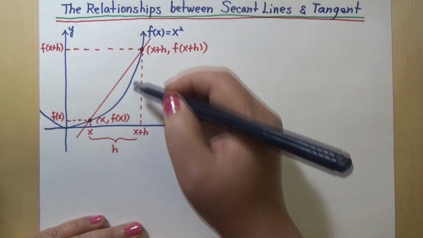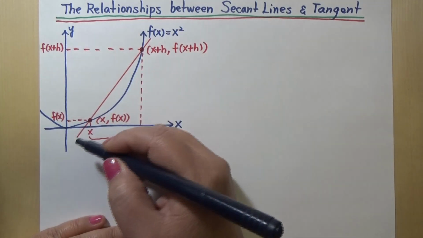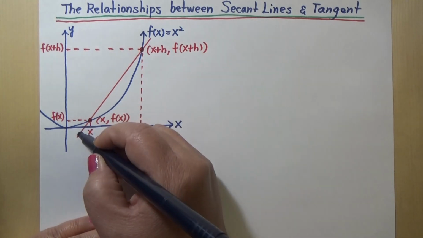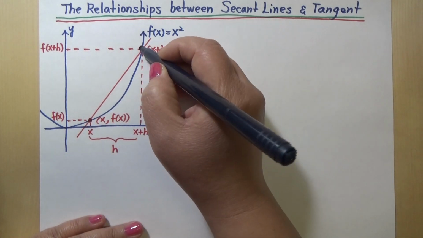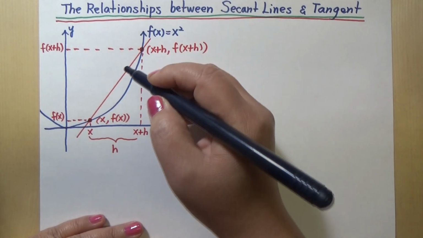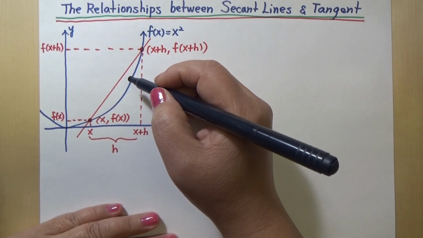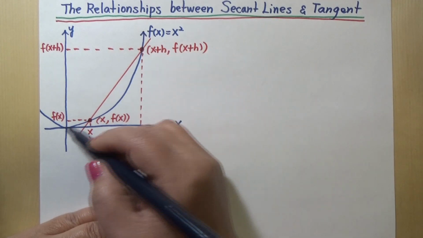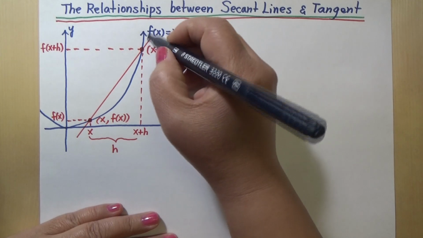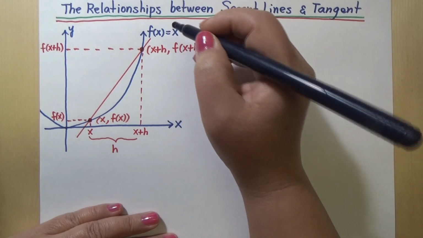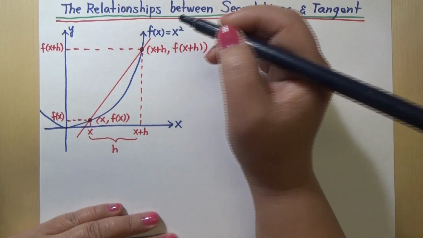This is the concept of secant line, and this is secant line, and secant line goes through 2 points on the curve. Okay, so this time I use a very simple function, very simple curve, which is f of x is equal to x squared, to make you guys understand much more easily.